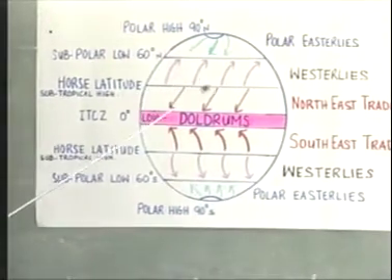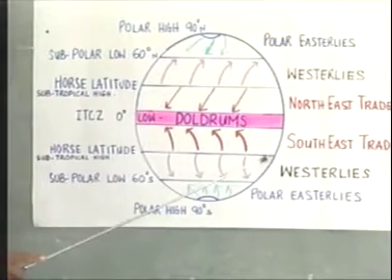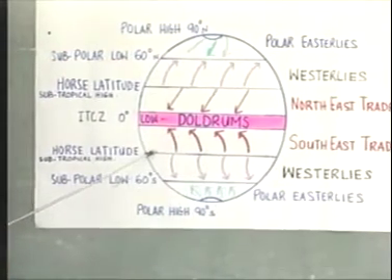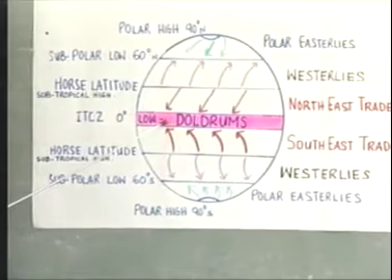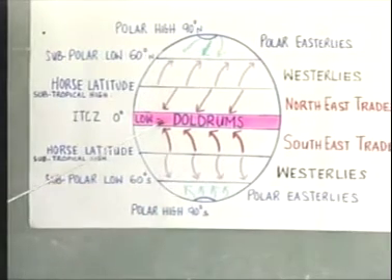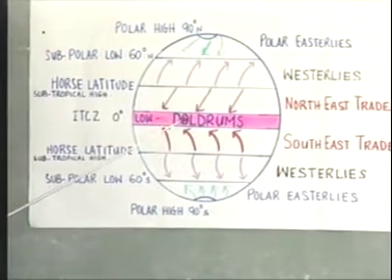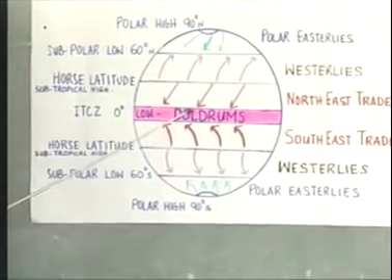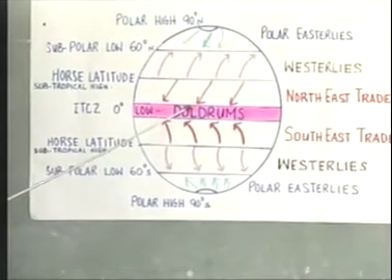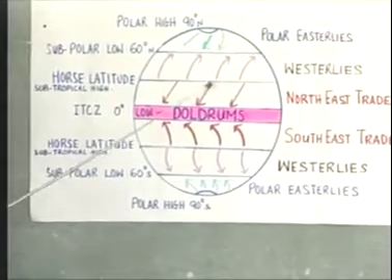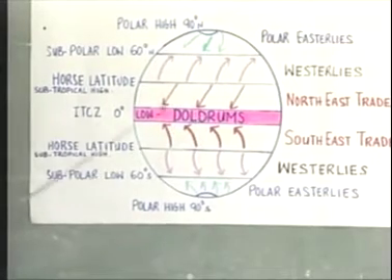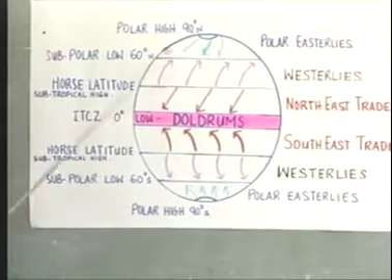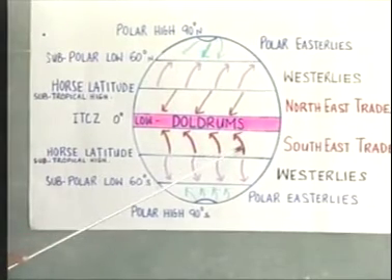Some of the air which sinks around 30 degrees north and 30 degrees south will have to travel back to the equator because our rule states that winds will always blow from high pressure to low pressure. So here, the winds which are found between 30 degrees north to the equator and 30 degrees south to the equator are referred to as the trade winds.